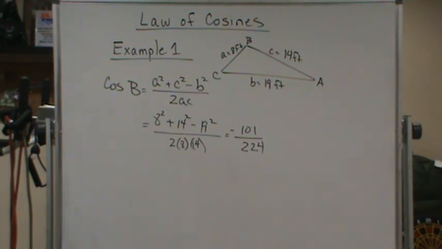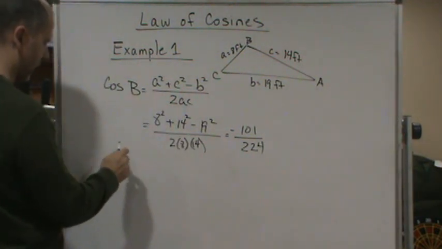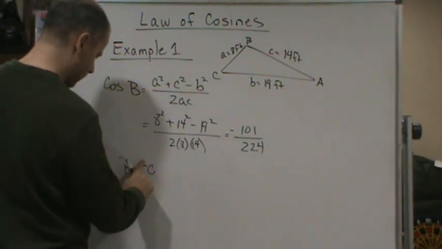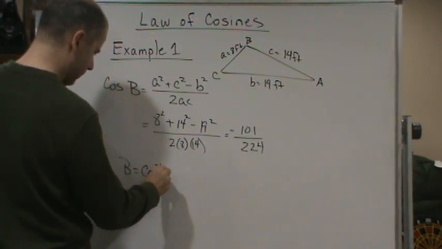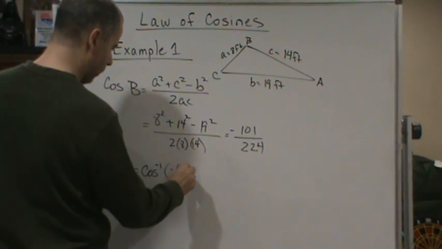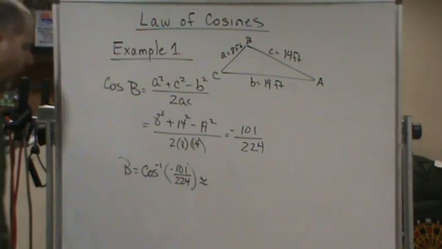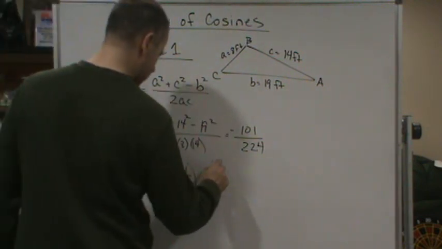So when we take the inverse cosine, we get B is equal to the inverse cosine of negative 101 over 224, and that's approximately equal to 116.80 degrees.